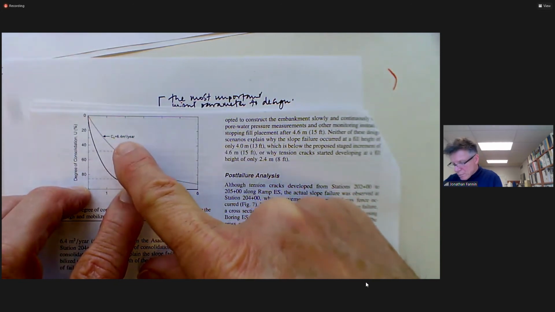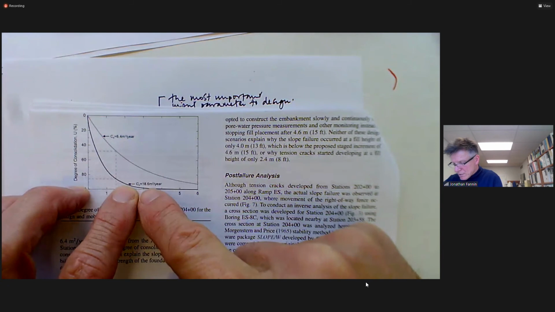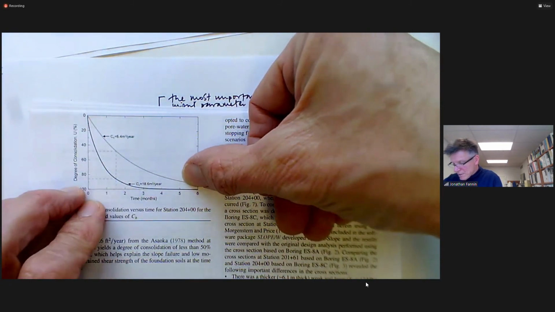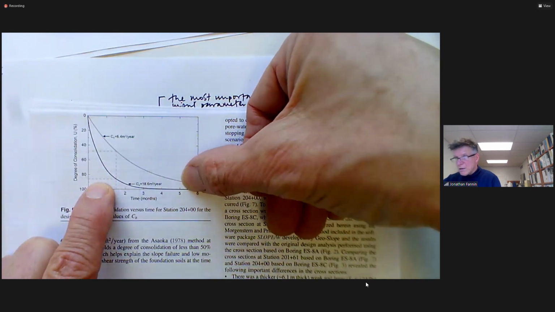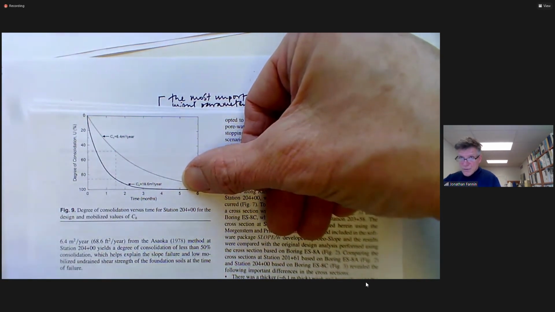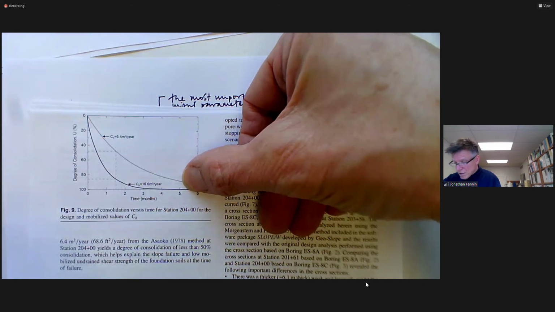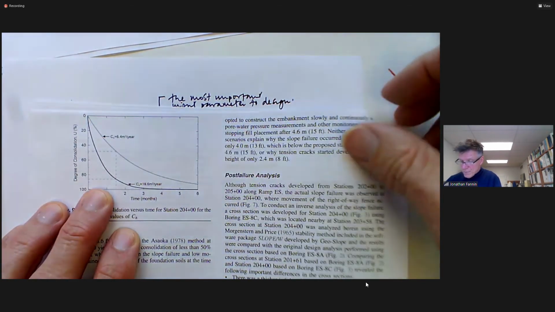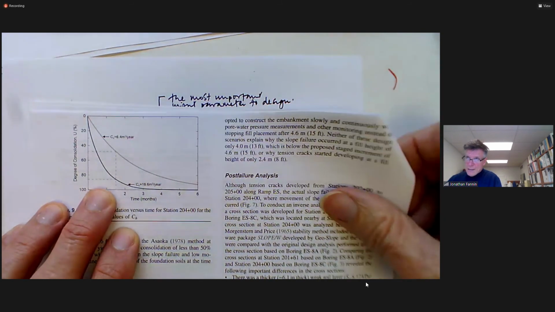The C sub H was much lower mobilized than assumed for design. That meant that the time to achieve 90% consolidation was much longer. The time to achieve the gain in strength was much longer. And in fact, the gain in strength was not sufficient to accommodate the embankment loading, and it failed.